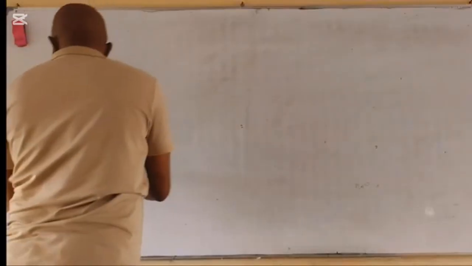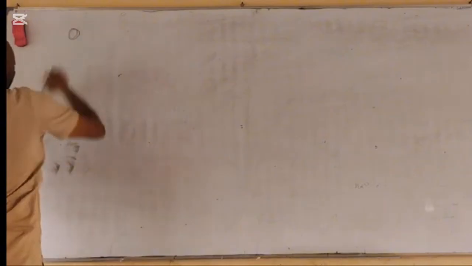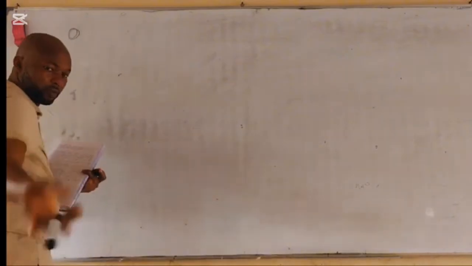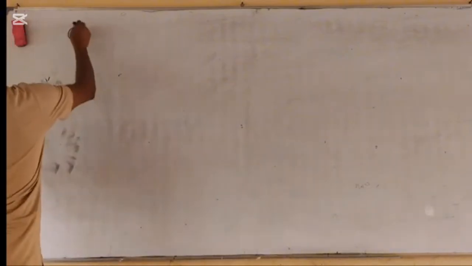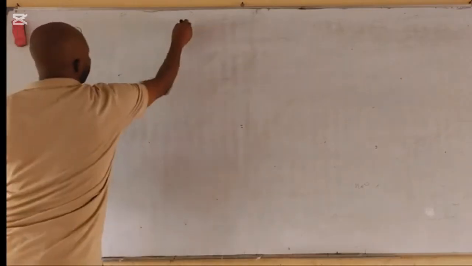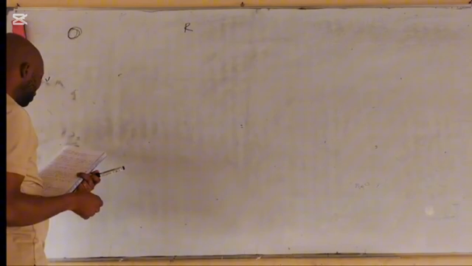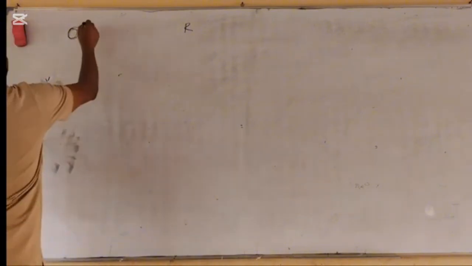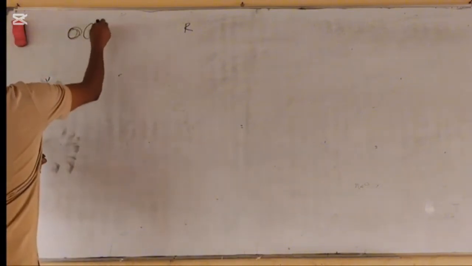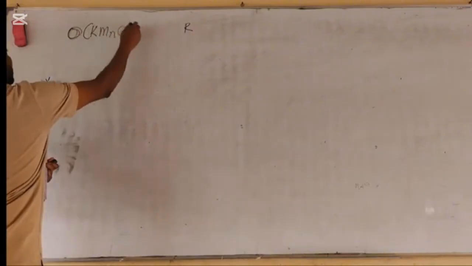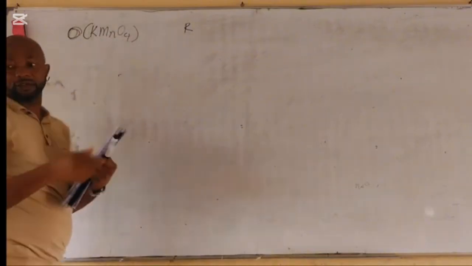We have our oxidizing agent, so I call it O, and the reducing agent, R. We say 0.019 KMnO4, so the oxidizing agent is KMnO4, potassium tetraoxomanganate 7.